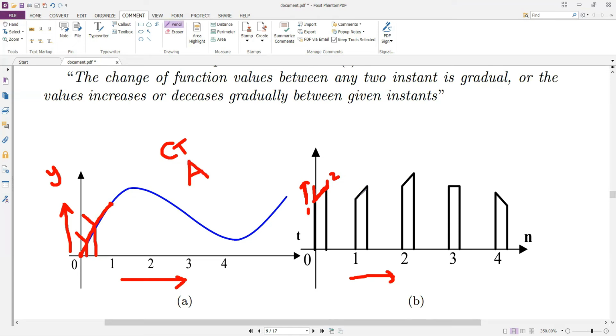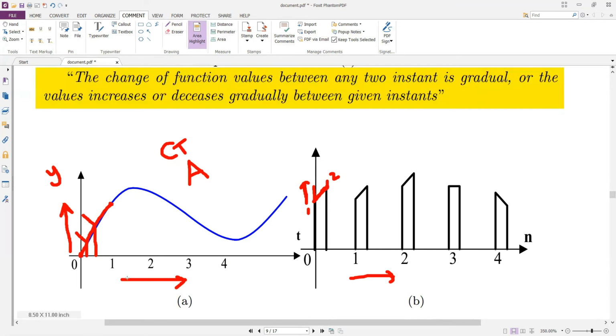Similarly, this is also an analog signal, because if you look at this definition, the change of the function value between any two instants is gradual; the value increases or decreases gradually between given instants. Gradual increase or decrease means that there is no discontinuity, and this increase or decrease will be continuous.